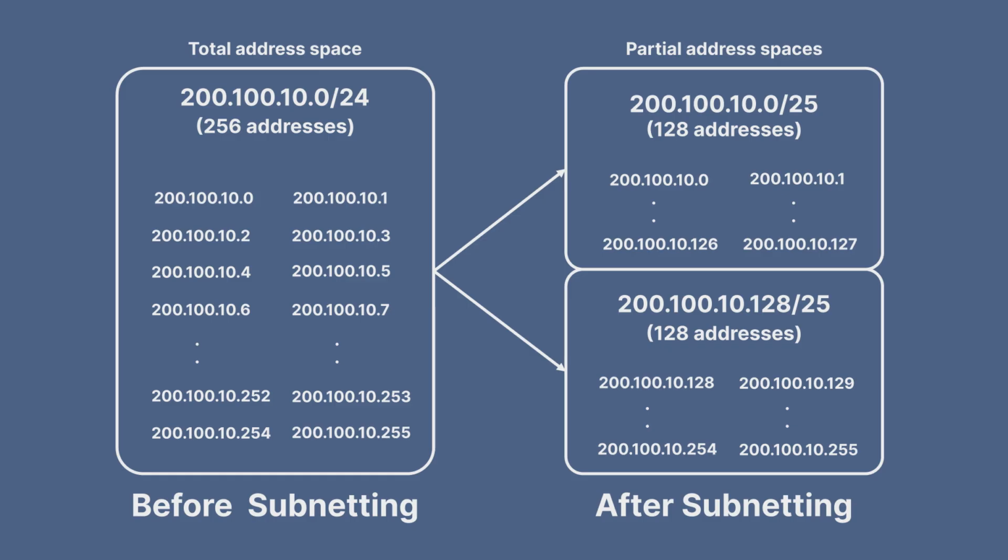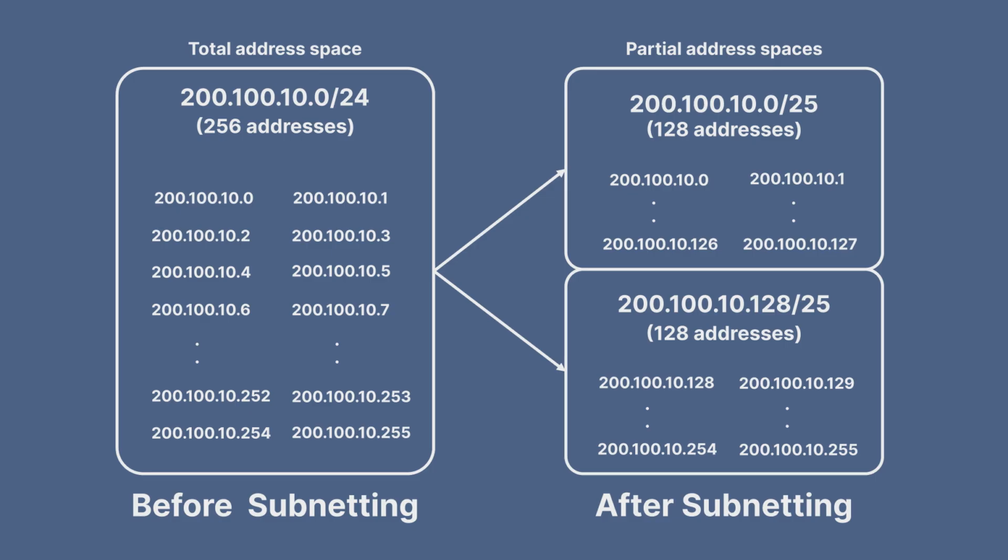This is the role of the subnet mask. What are the key features of the subnet mask? Now I will explain. The subnet mask is a 32-bit number which separates the IP address into two parts: the network ID and the host ID. It tells the device which part of the address belongs to the network and which identifies the individual device.